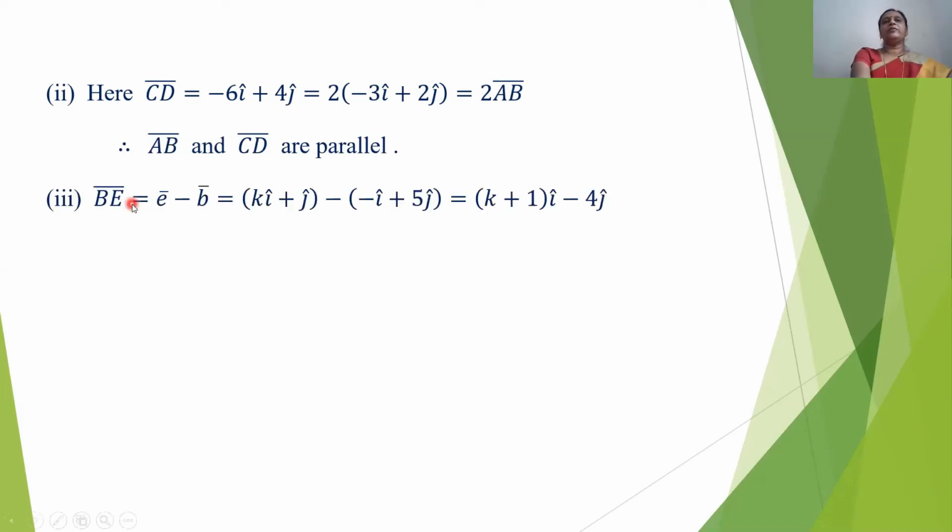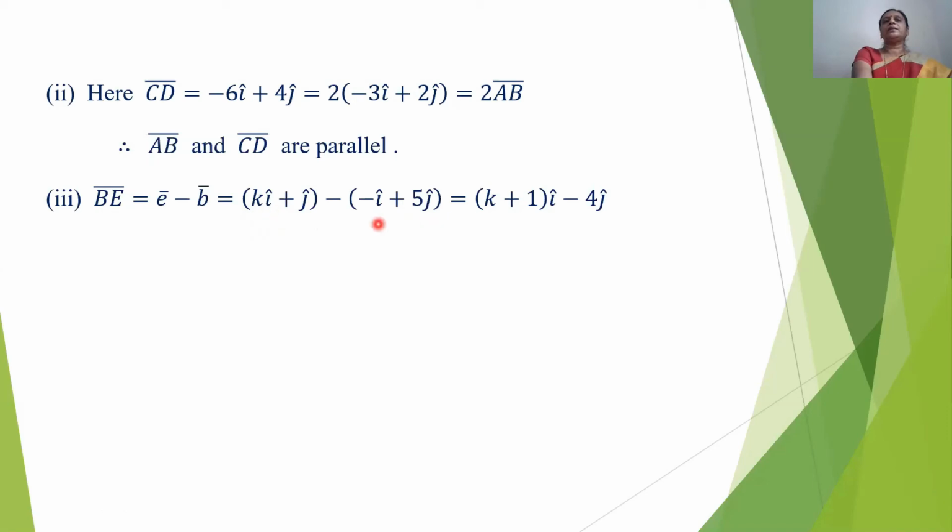Then we will find BE bar. For BE bar, write down E bar minus B bar. That is position vector of terminal point minus position vector of initial point. Keep the value of E bar. Here, point E is (k, 1). Therefore, its position vector will be ki plus j minus B bar. That is minus i plus 5j.